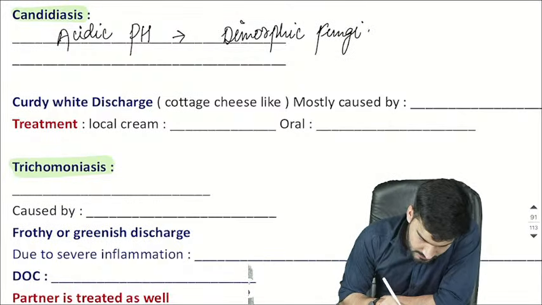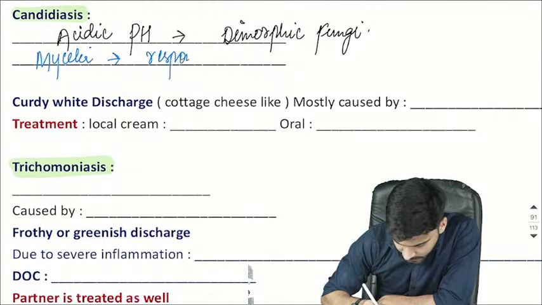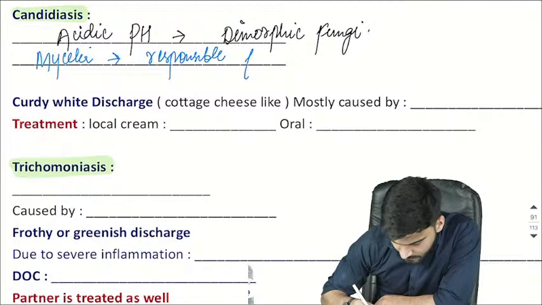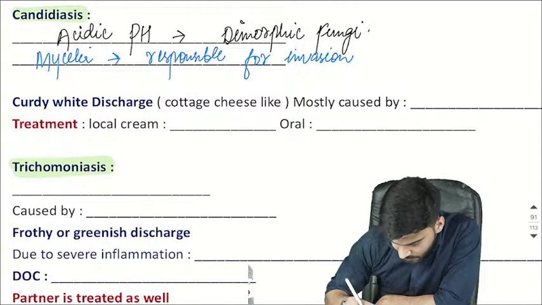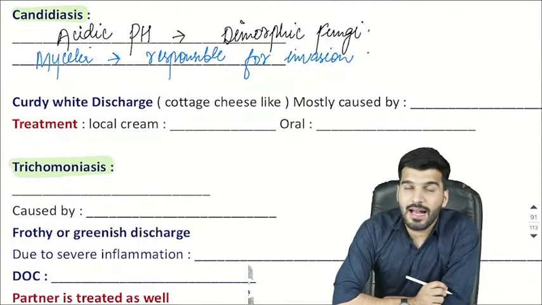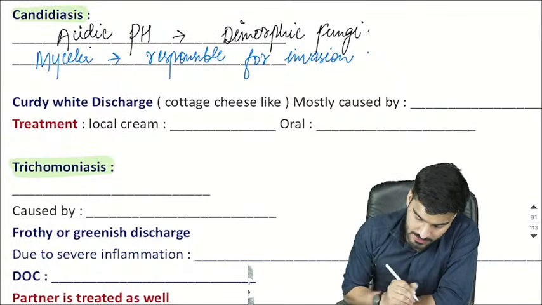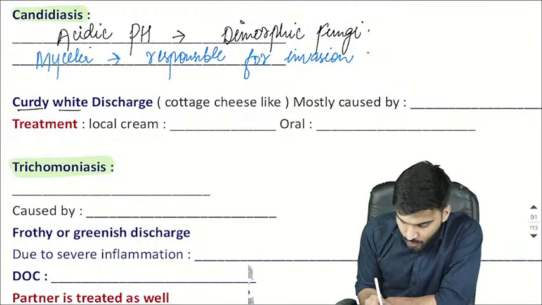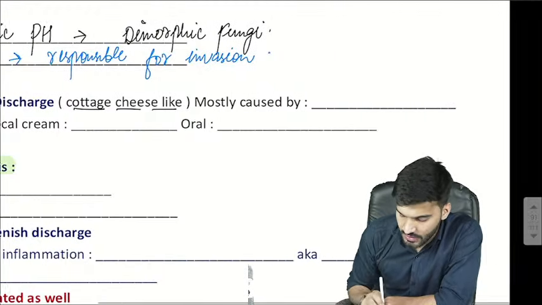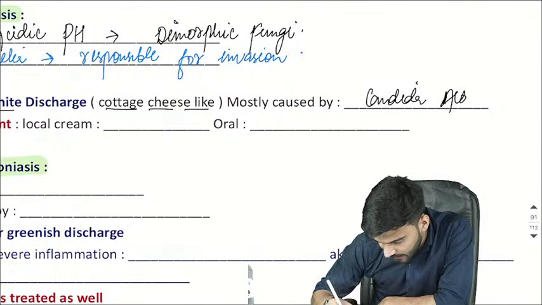Next, in candidiasis, mycelia is responsible for invasion and the adherence of Candida to the vaginal epithelium. The type of discharge we have is a curdy white discharge or cottage cheese-like discharge, mostly caused by Candida albicans.